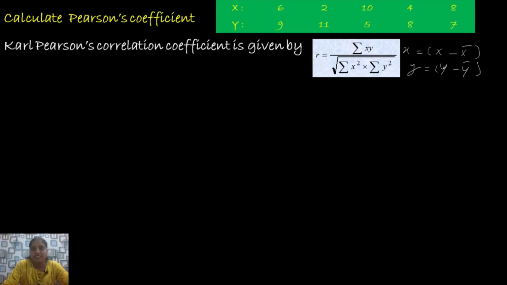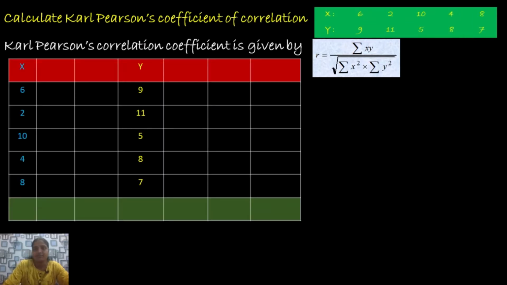To calculate the value of r, first let me construct a table, where the first column consists of the values of x and the third column consists of the values of y. As I mentioned earlier, x is nothing but x minus x bar and y is y minus y bar. Now we calculate xy, x square and y square.